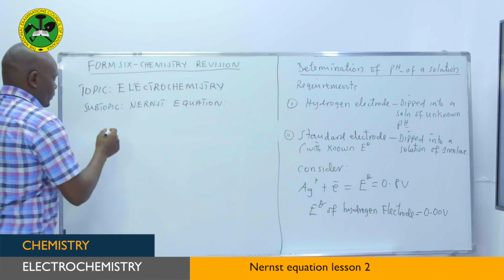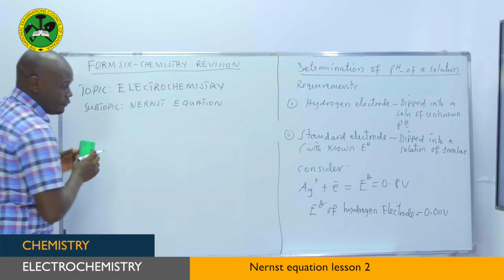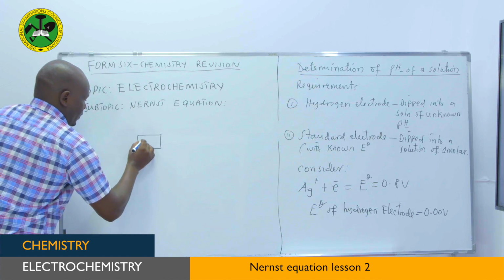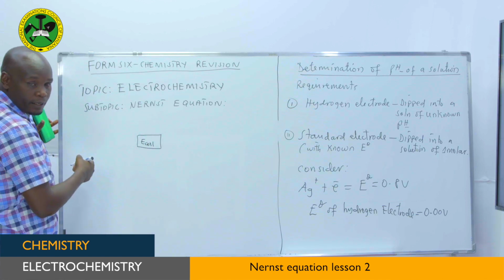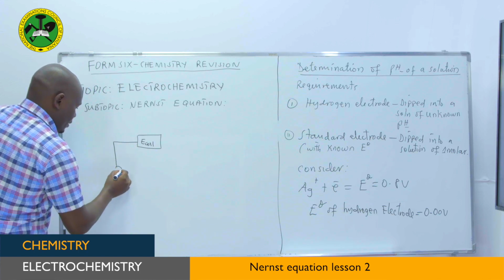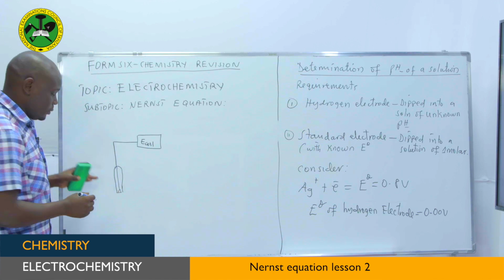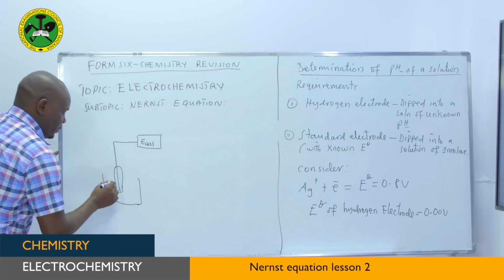So our electrochemical cell, if we sketch it now, you will have the voltmeter that will be reading the EMF of the cell. Then here we have the hydrogen electrode, and remember we have said that it must be placed in a solution with unknown pH.